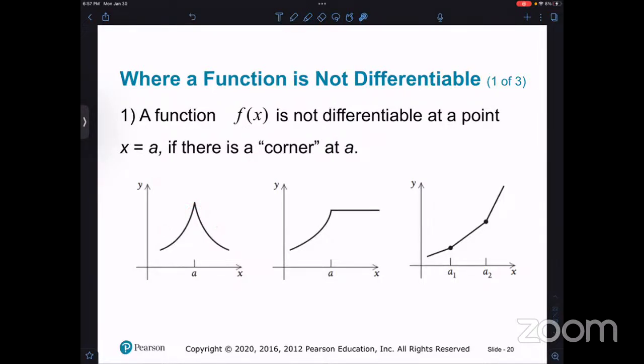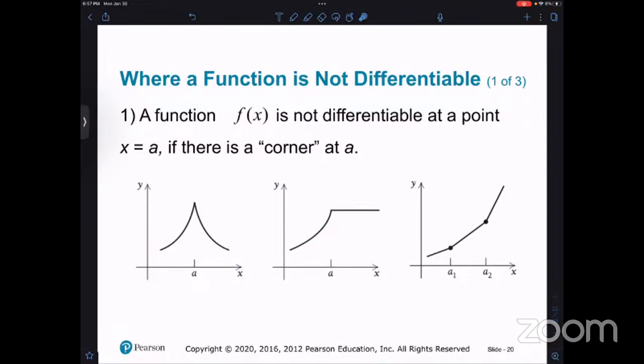Same thing here. All of these are not differentiable at those sharp corners, because there's going to be an infinite number of tangent lines at that point. It's not unique when this happens. So if there's a sharp corner or edge like that, you're not going to have a tangent line at that point.